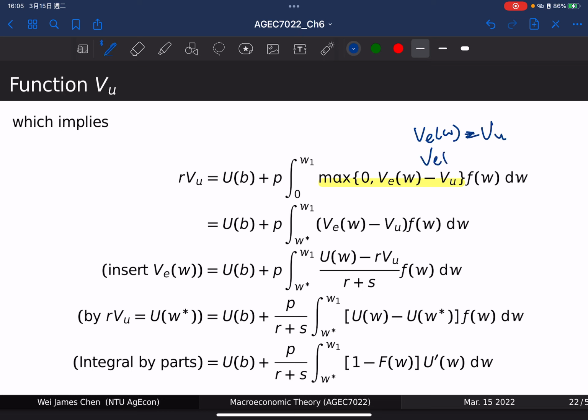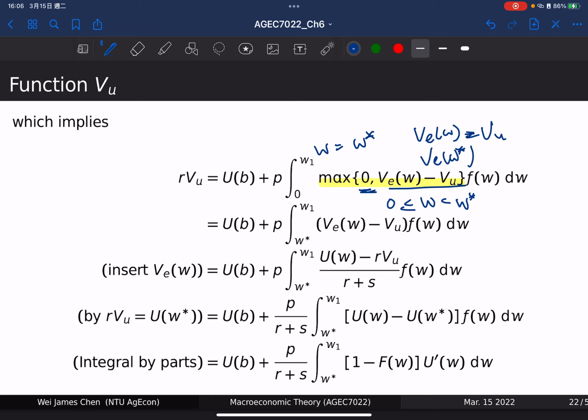I know, as a matter of fact, when will VEW be greater than or equal to VU? That's VE of W star when W equals W star, right? So I know for lower wage, this person is just going to ignore. That means for wage between 0 and W star, the 0 is going to be bigger than this term. I'm taking max between these two terms.